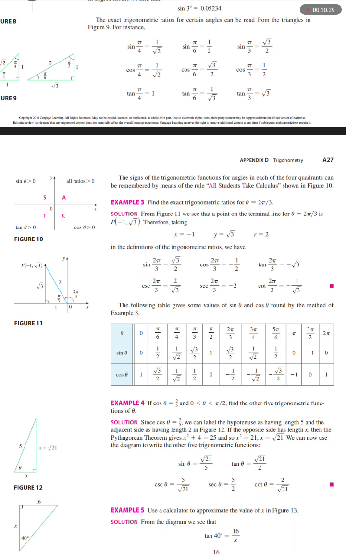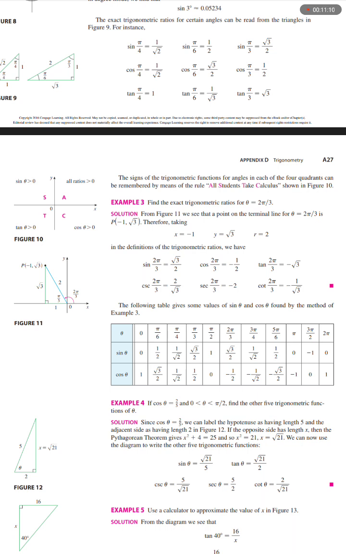Cosine 2 pi over 3 equals negative 1/2, and secant 2 pi over 3 equals negative 2. Tangent 2 pi over 3 equals negative square root of 3, and cotangent 2 pi over 3 equals negative 1 over square root of 3.